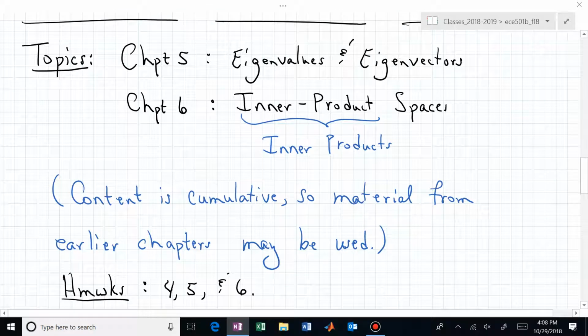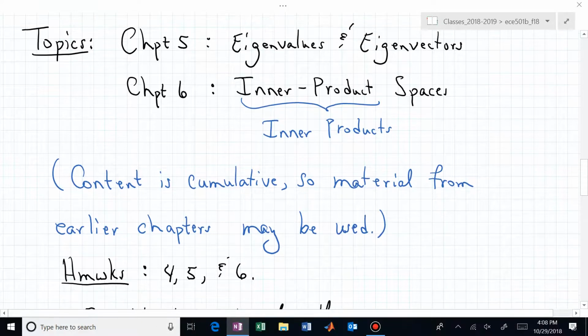Topics: chapter 5 and chapter 6. Eigenvalues and eigenvectors, inner product spaces, so obviously inner products. And it's really more than chapter 5 and 6 because we're progressing through this book. So we can't forget chapters 1 through 4 if we're now in chapters 5 and 6.